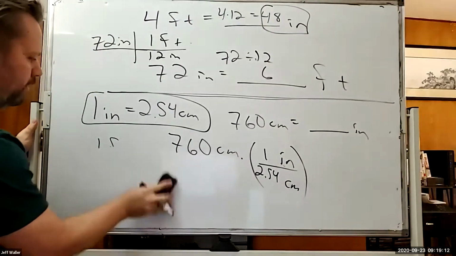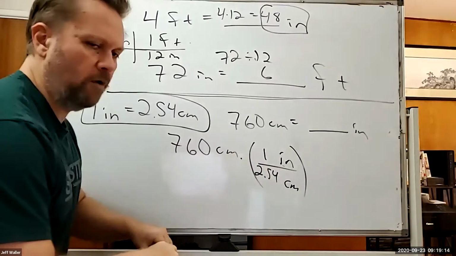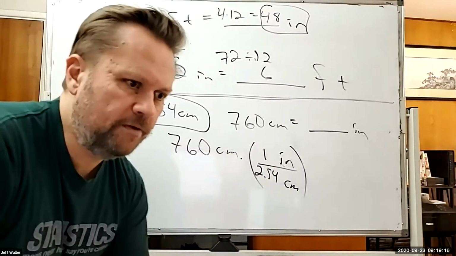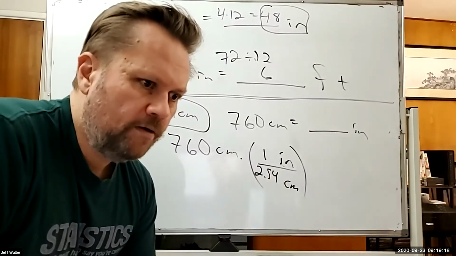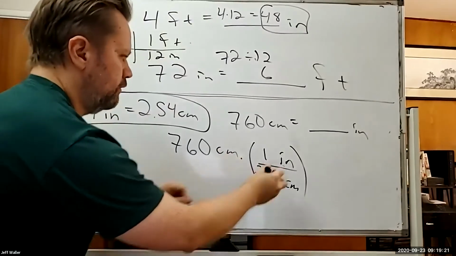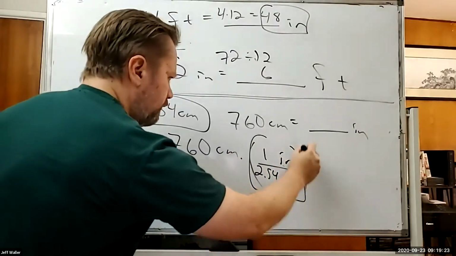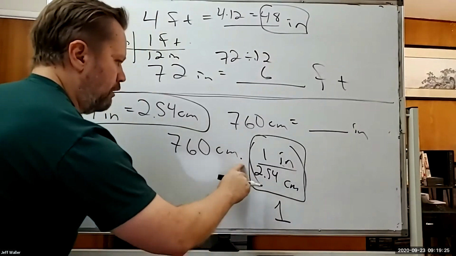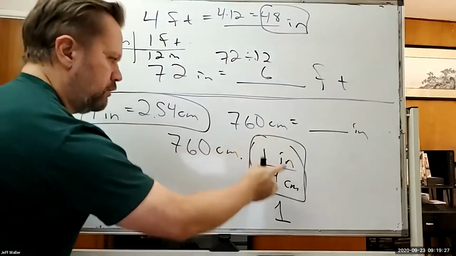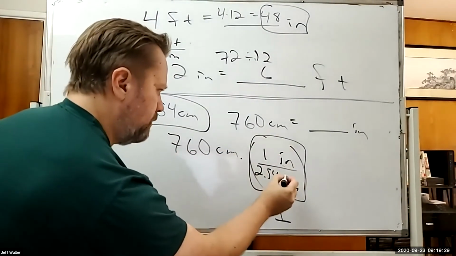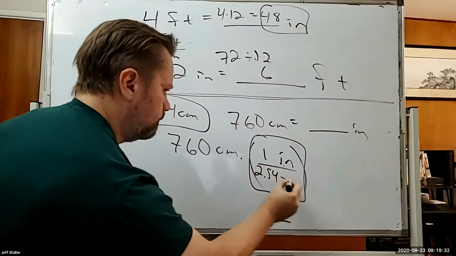So am I allowed to multiply anything by 1? Yeah, you can do that all the time if it makes you feel good. This is a version of 1. That's why I'm allowed to do this. But it's a version of 1 that looks very freaky. And what does it let me do? Don't the centimeters cancel?